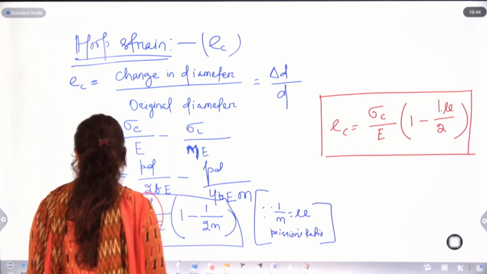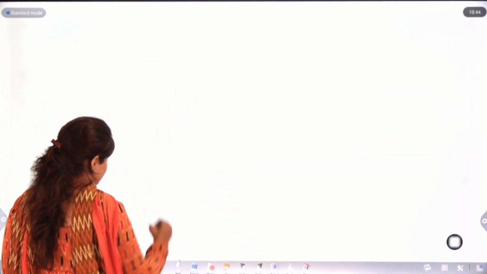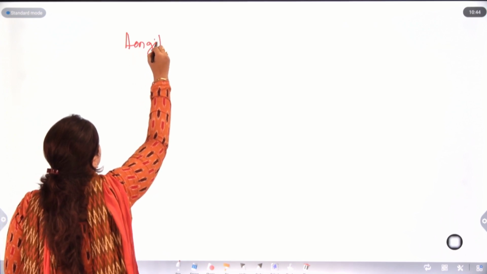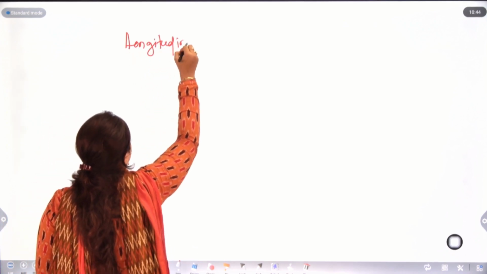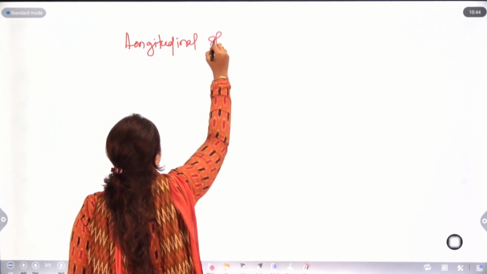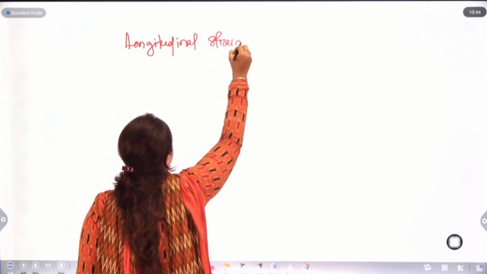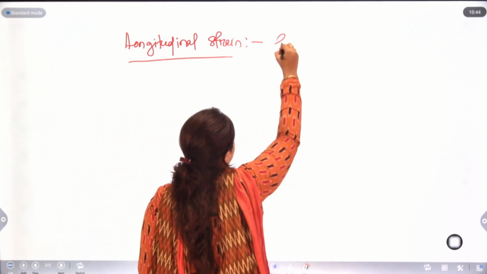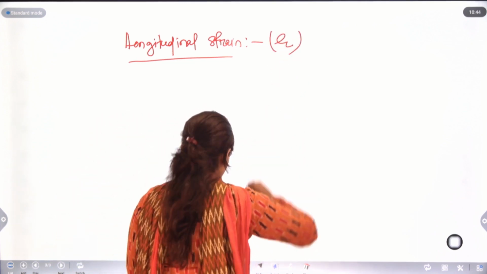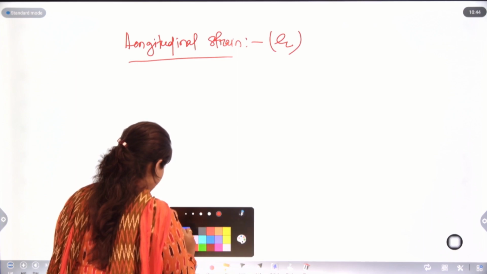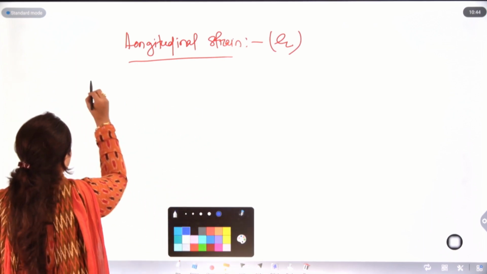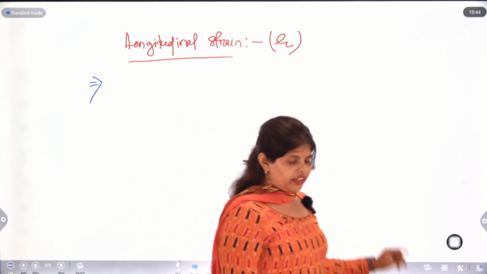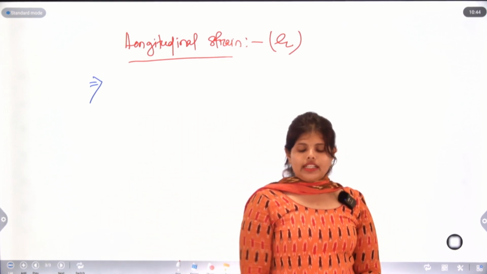Next, we will find out our longitudinal strain. We will term it as e L. What do we need to find the longitudinal strain?